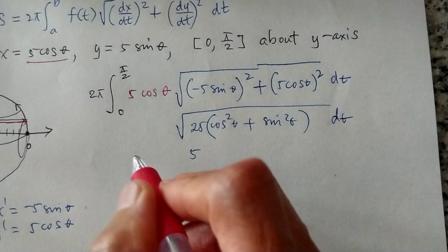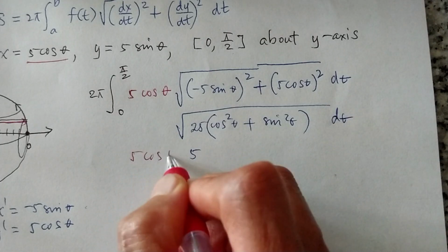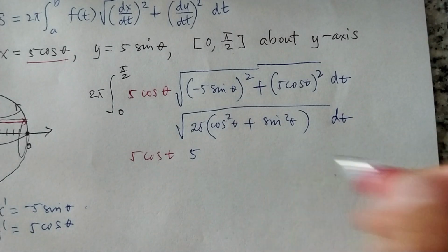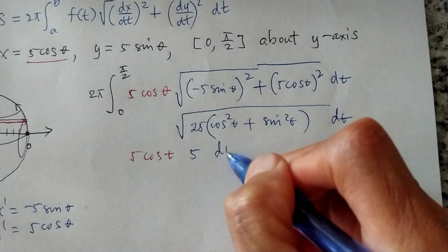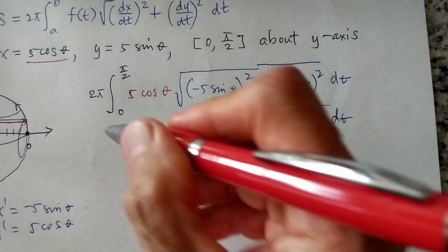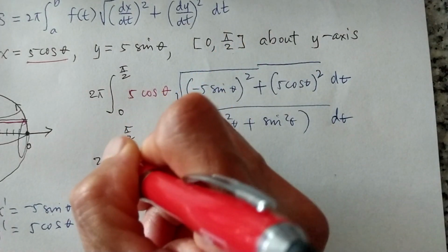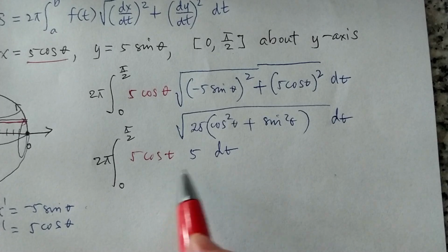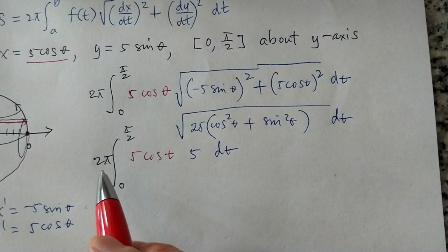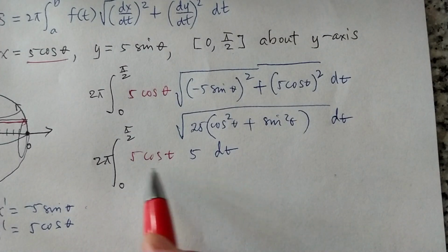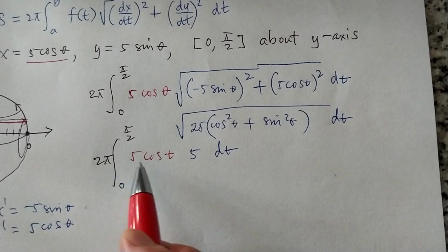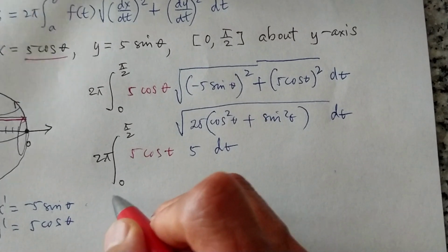So multiplying that with 5 cosine theta, and our d theta is here. So we get the integral from 0 to pi over 2 of 5 cosine theta times 5 d theta times 2 pi. We can pull this constant out. That's 25 times 2 is 50 pi.